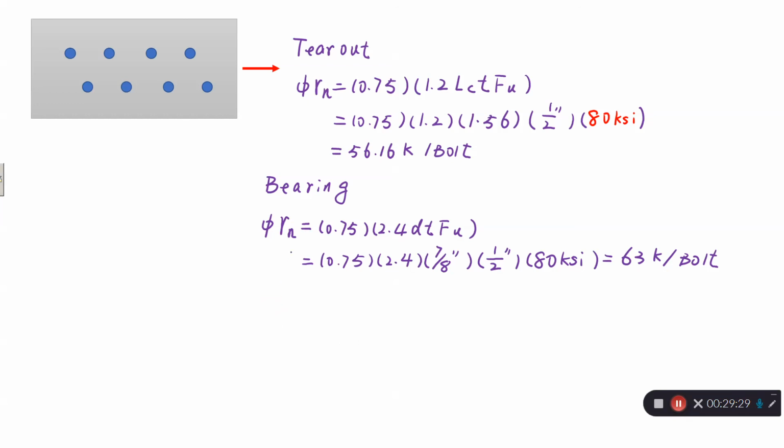All right, we'll come back. And since the gusset plate has the highest Fu, the bearing capacity for one bolt is higher, 63 kips. Okay, so the total bearing capacity is, we have one tear out failure, 56.16 kips, plus 7 bolts with bearing failure.